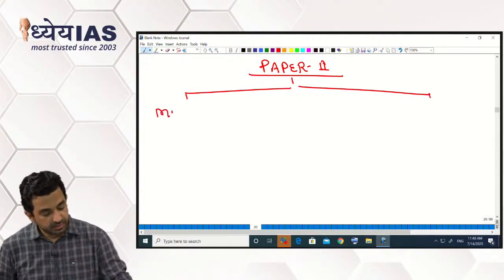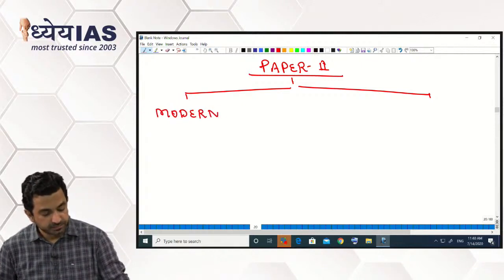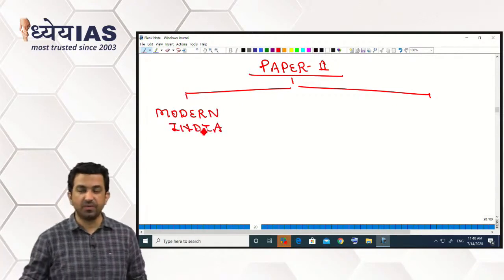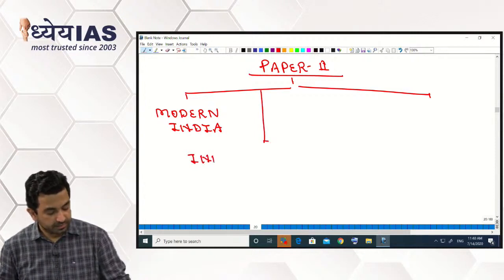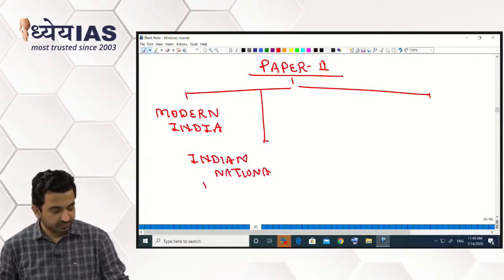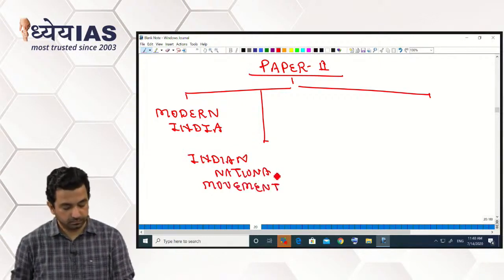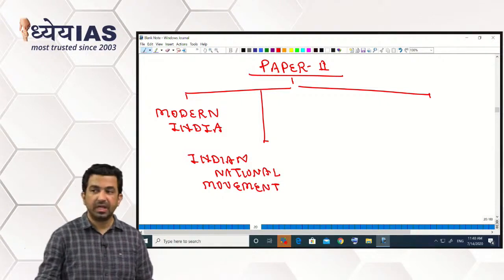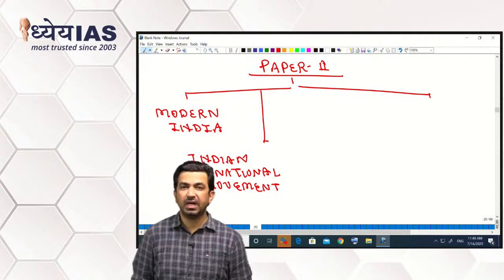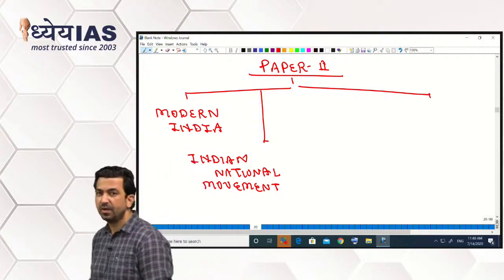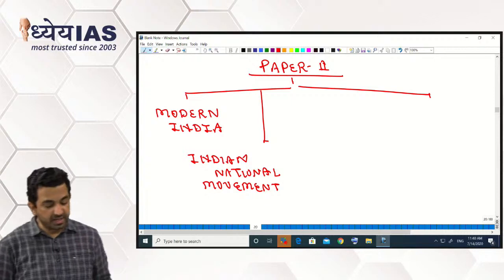First one is modern India, several topics of modern India, followed by the Indian national movement, or India's struggle for independence.